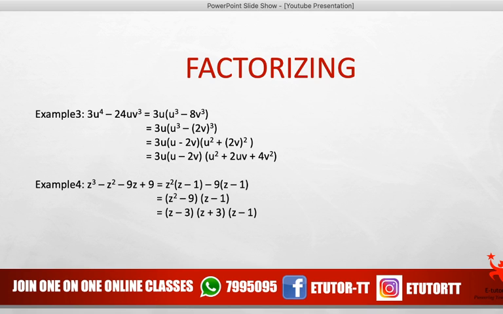You see that we have this c minus 1 in common in both of them. So therefore we could do c squared minus 9 times c minus 1. And that c squared minus 9 could be broken down even further. You get c minus 3 times c plus 3 times c minus 1.